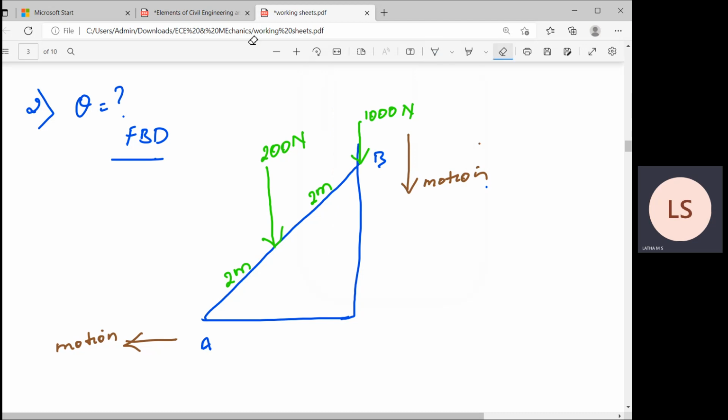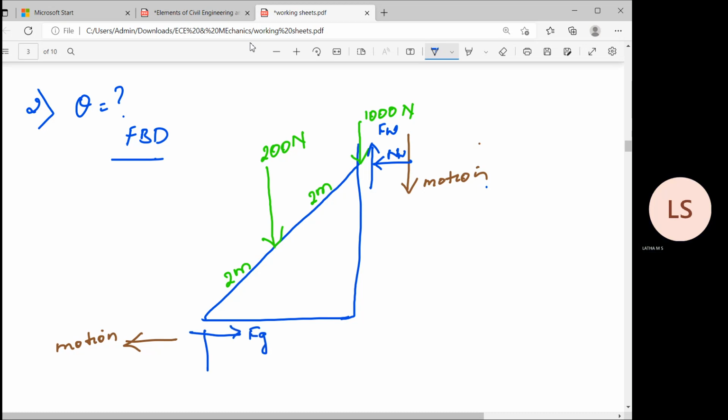I'll erase this quantity so that there is no confusion. So the friction here is FW, and this is NW. And here the friction will be FG and NG. Correct?